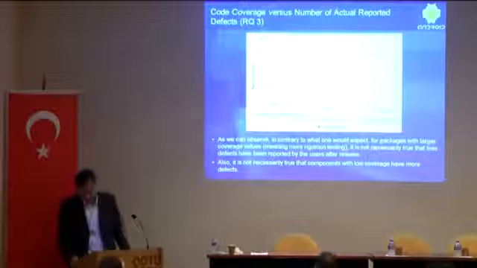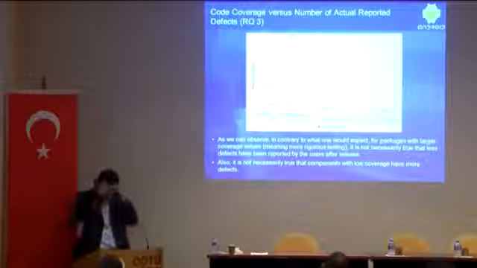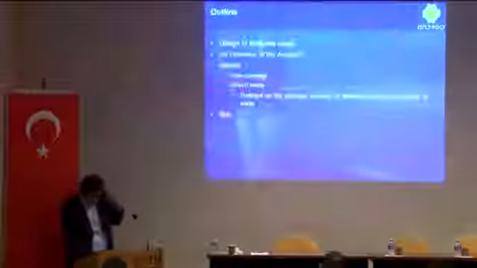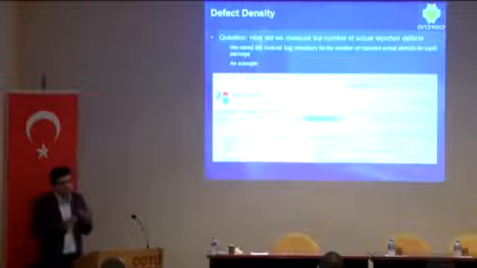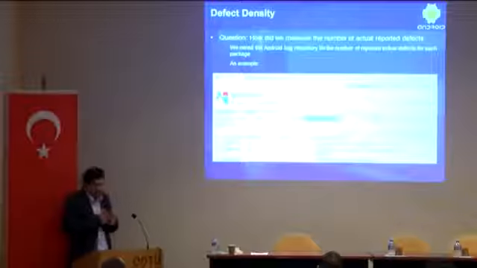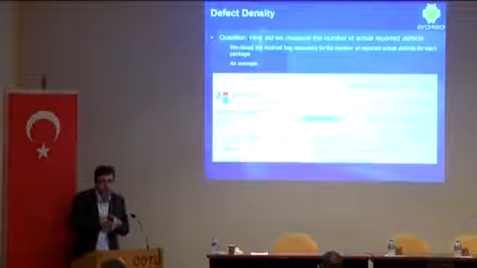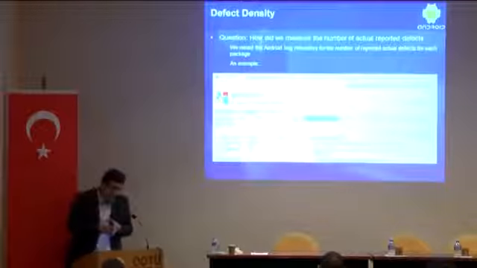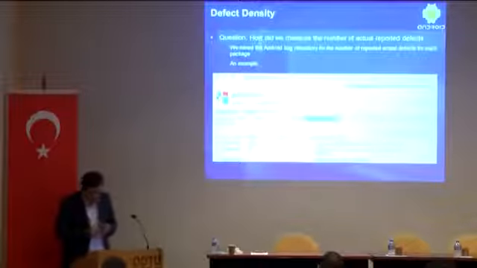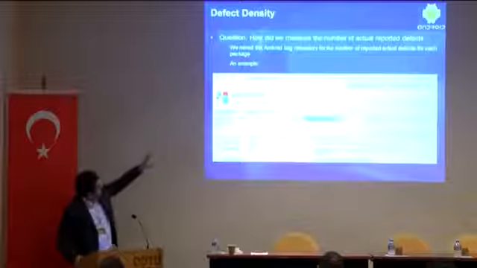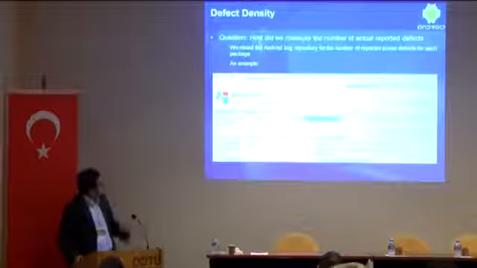Code coverage versus number of actual reported defects. So what we did: we wanted to know how many defects have been reported for each package or application of the standard Android version. So we went to the Android issue repository that perhaps you have seen.